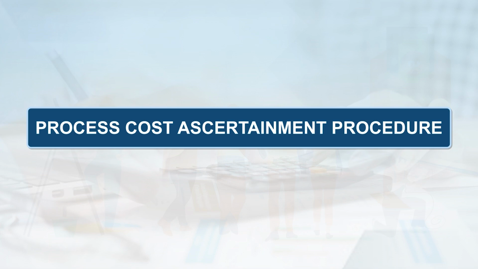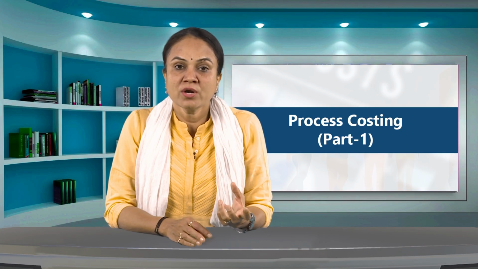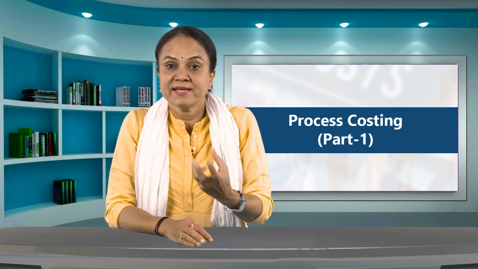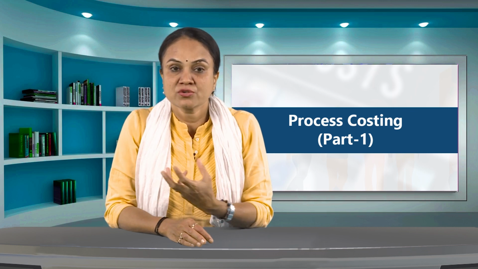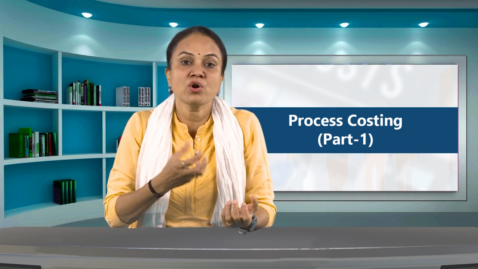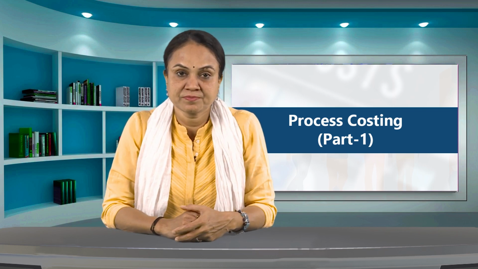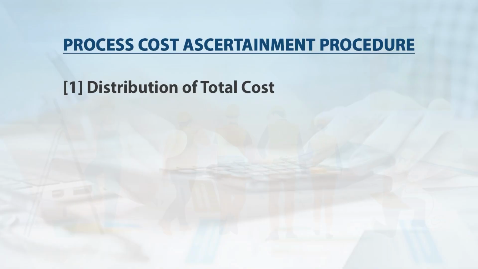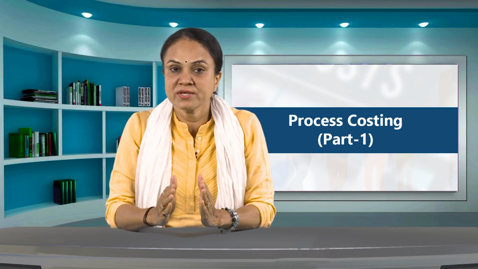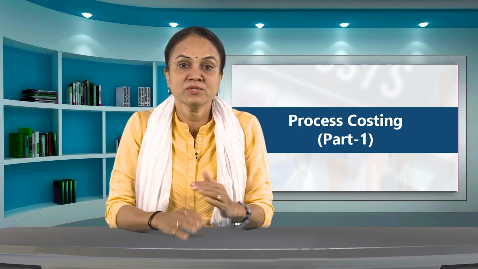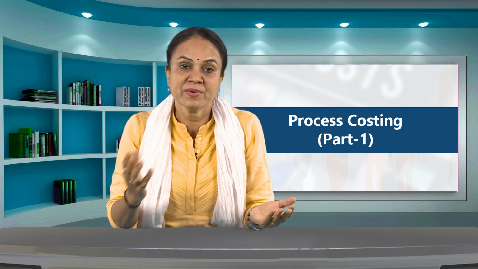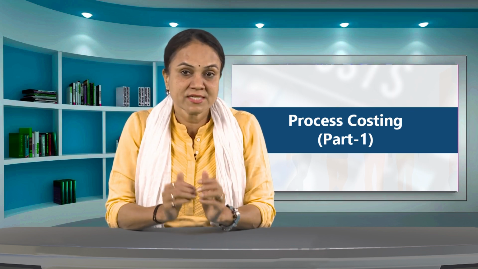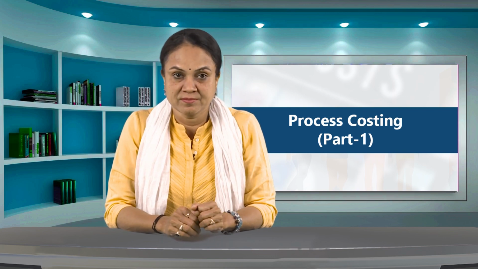In order to facilitate ascertaining separate cost for each process or operation, the following procedure may be followed. First step is distribution of total cost. The total production is divided into separate processes or operations under which the cost can be conveniently collected.